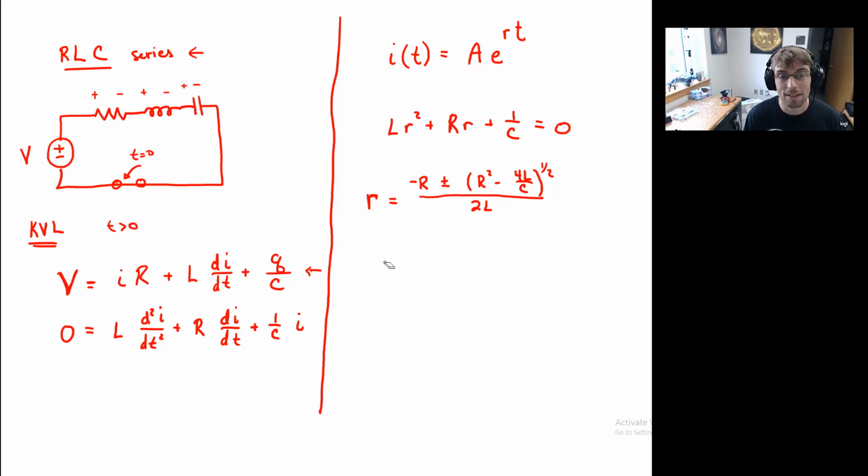In fact, I'm going to take that 2L, so we get negative R over 2L plus or minus, and I'm going to move the L into the square root. So I have the square root of (R over L) squared minus 4 over LC.